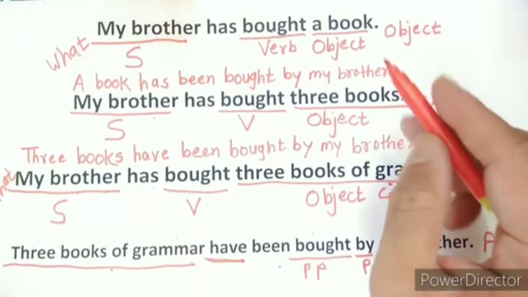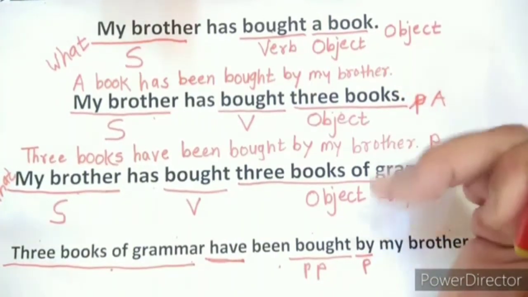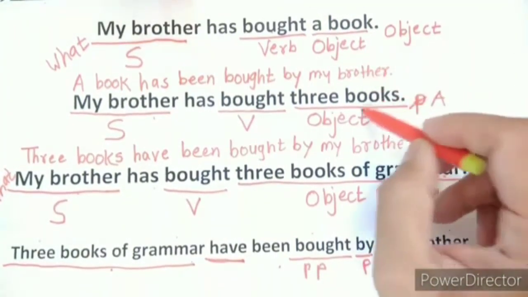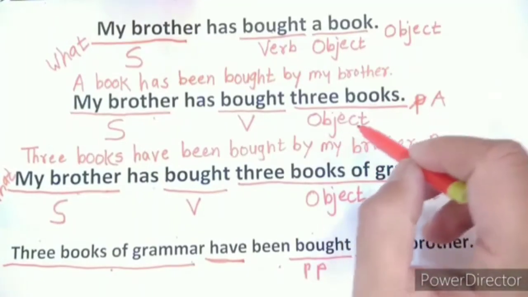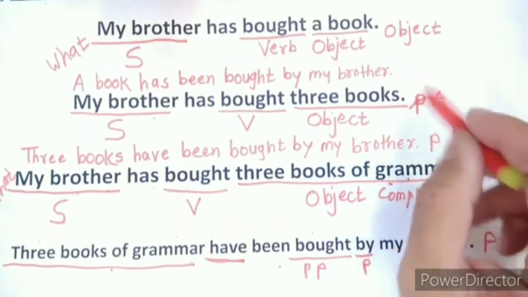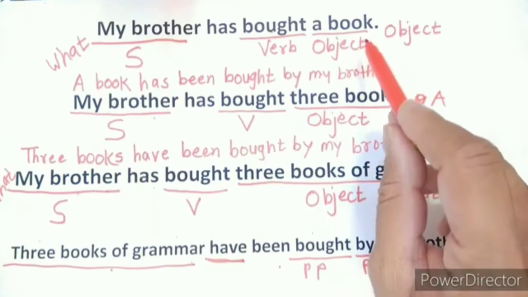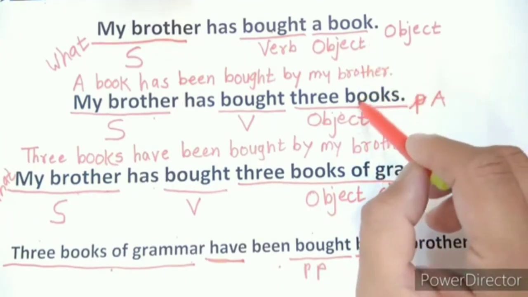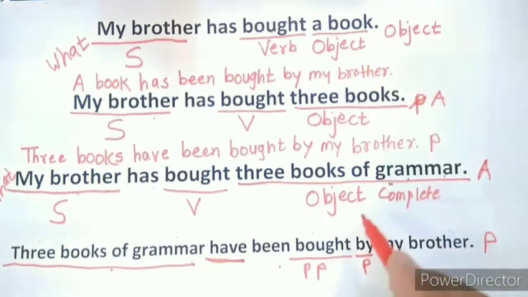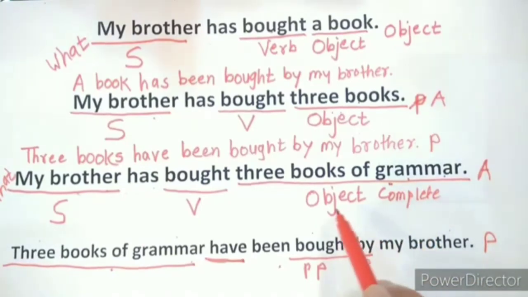Students, so in this way, while transforming the active sentence into passive sentence, we need to make sure whether the object is in a singular form or plural form. We also need to make sure the object we have pointed out or identified is complete or not.